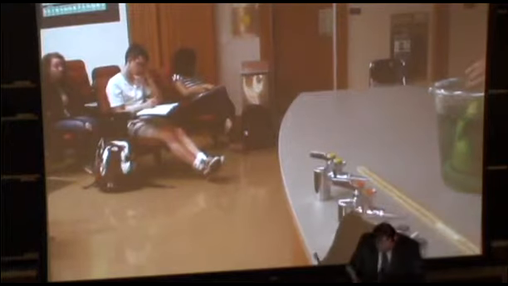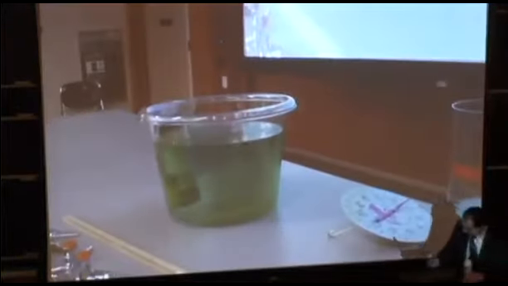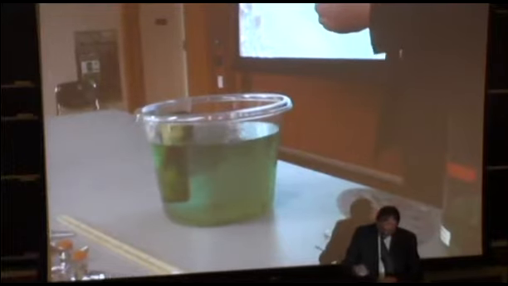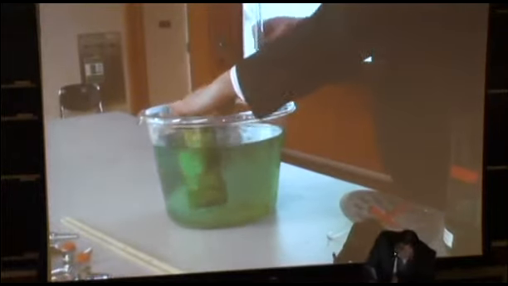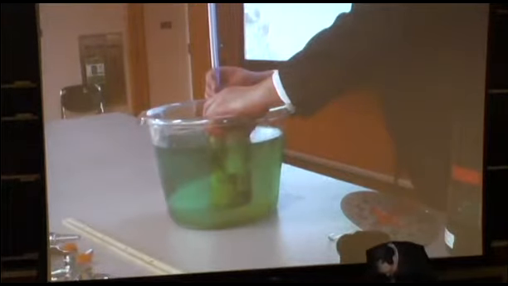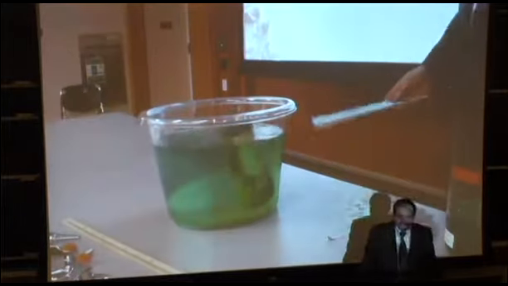So I can straighten it up a little. And I can measure how much of this cylinder is above the water, above the surface of the water. It's about 4 centimeters.